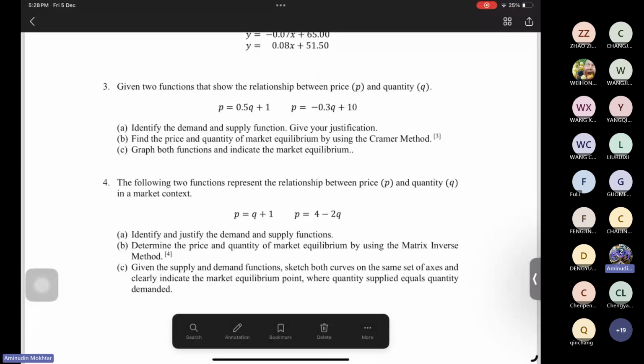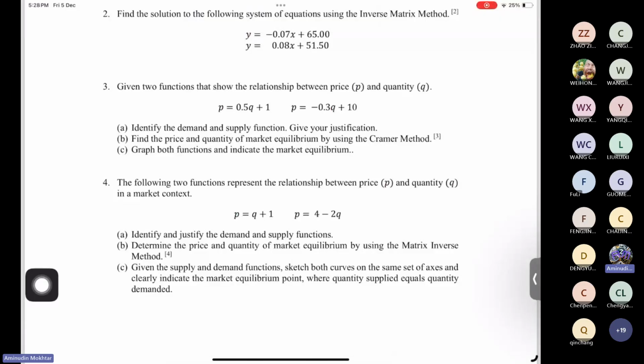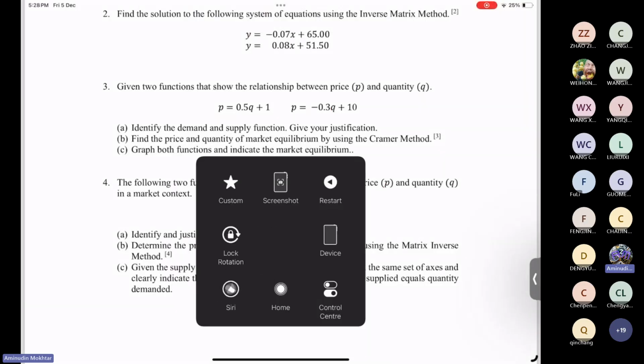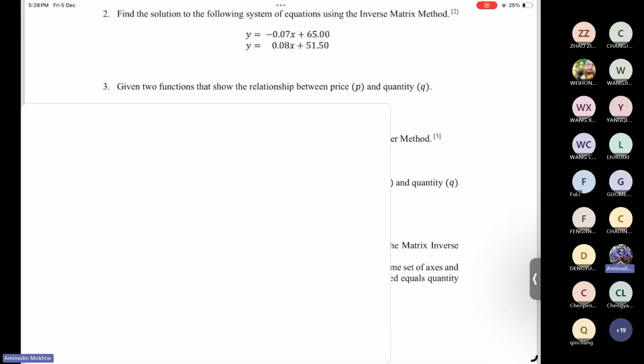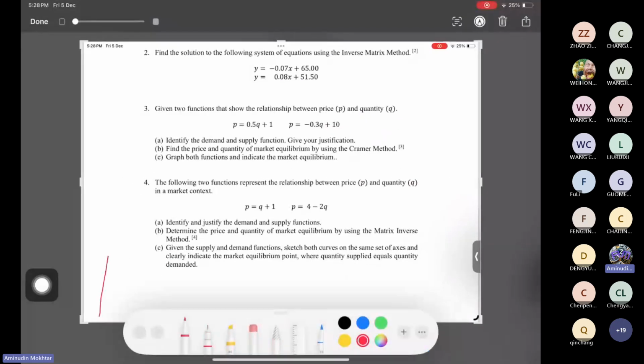Before we close this class today, I will take this one example and show you how to solve the question.